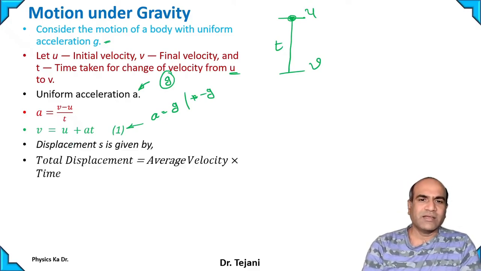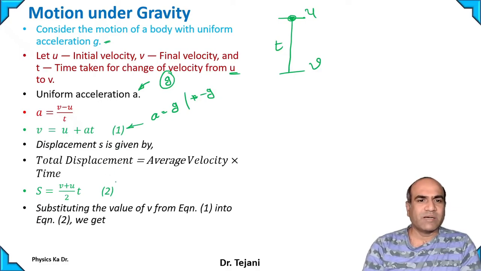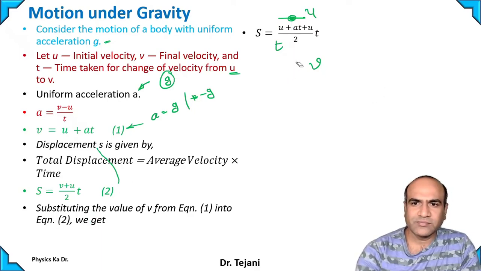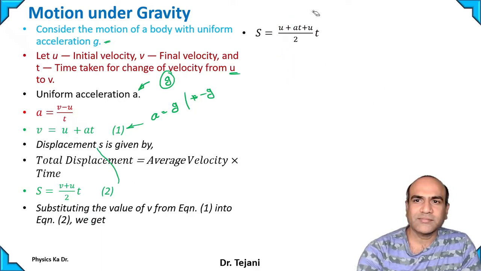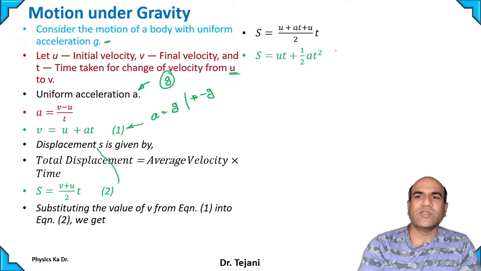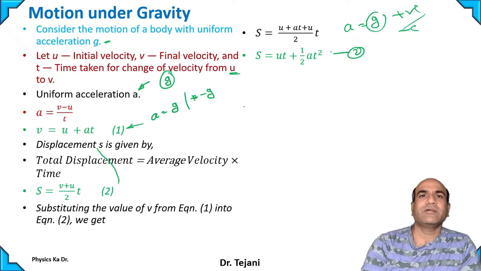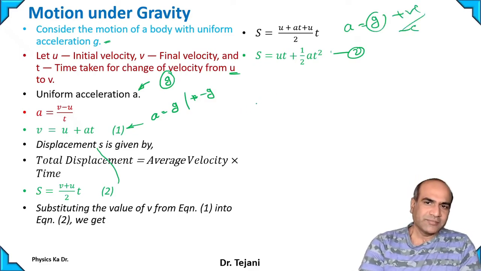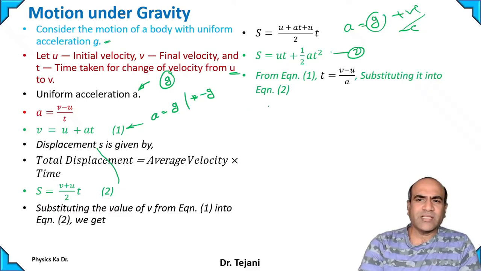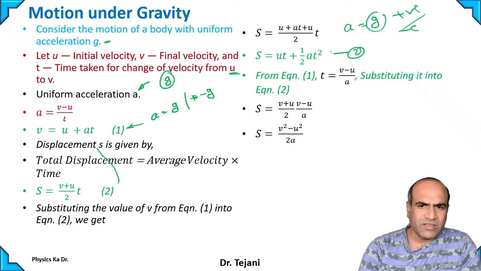Then we know the average velocity equation, we already have this equation. Put the values in the above equation, so you will have another answer. So this is equation number 2. Here you can use a is equal to g, maybe positive or negative depending on its direction. And from equation 1 you put this value, you will have another equation like that.